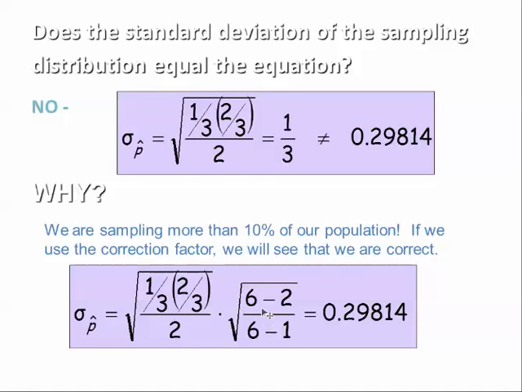I believe it's the square root of the total population minus the sample size, divided by the total population minus 1. When you multiply this out, you get this 0.2981. That's what we calculated. That's why these two are slightly different. A little bit of a correction that we have to make.